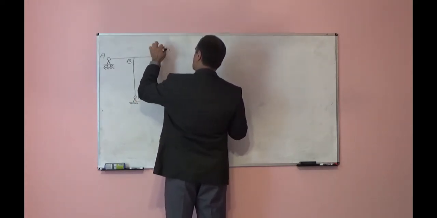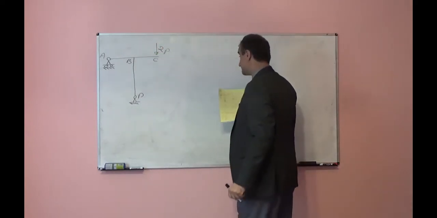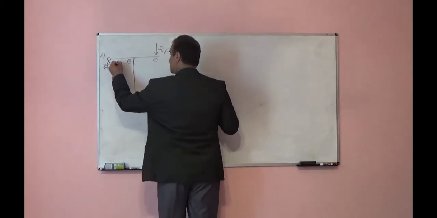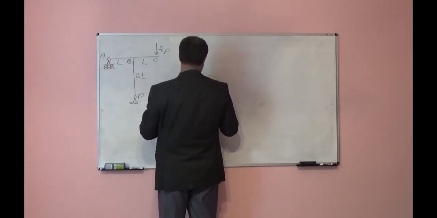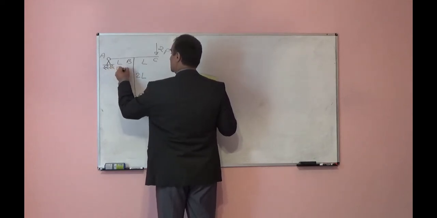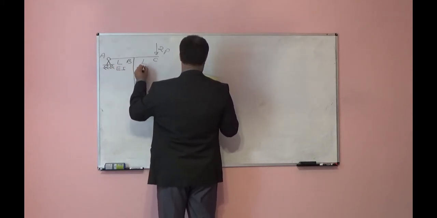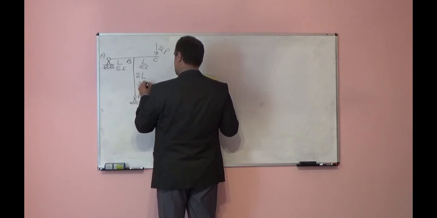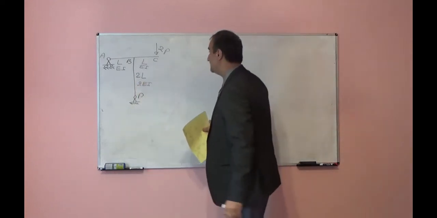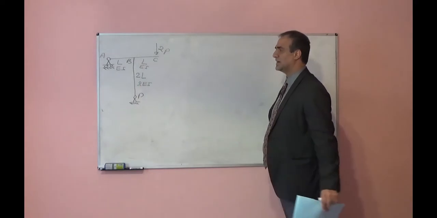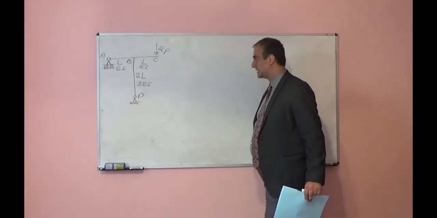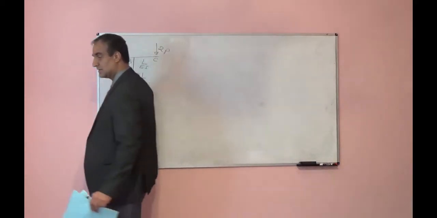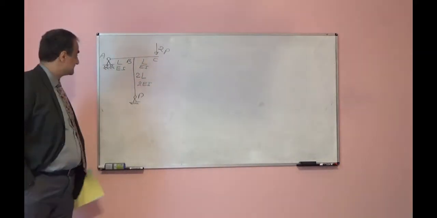We have load 2P here. The length is L. For this BD part it is 2L. EI, EI, and 2EI. So for each beam AB and BC, the length is L and EI is constant. For column BD, the length is 2L and the EI is 2EI.